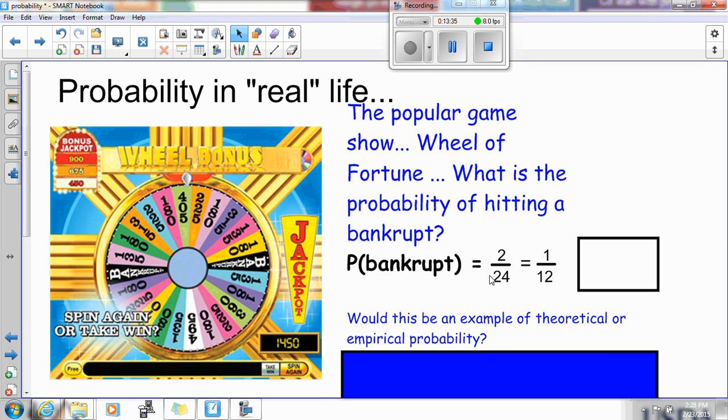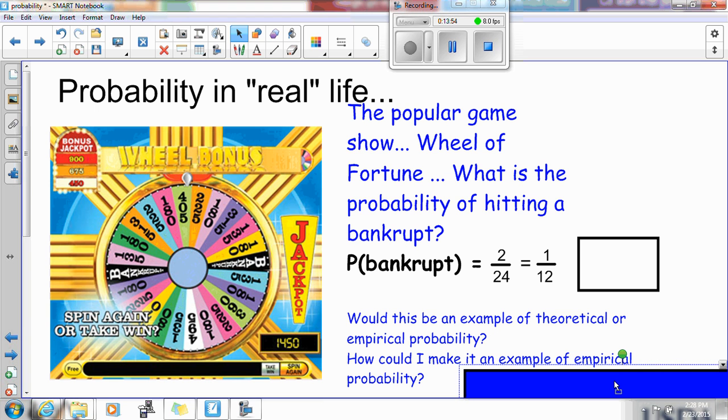Now, what we just did, the probability of bankruptcy, would that be an example of theoretical or empirical probability? Think about that. Would it be theoretical or empirical? And the answer is, it is an example of empirical, because we didn't actually do an experiment.